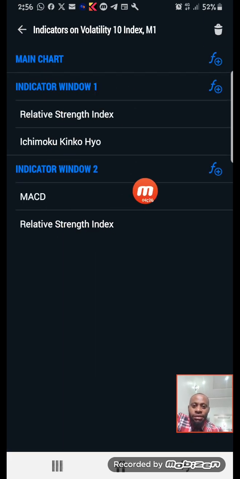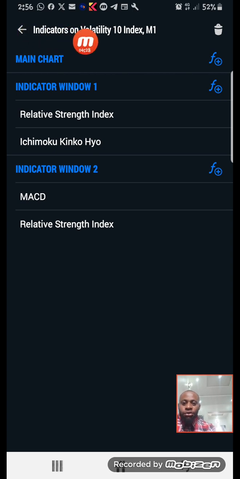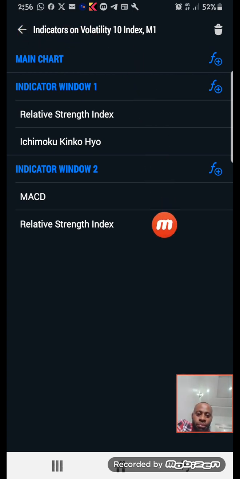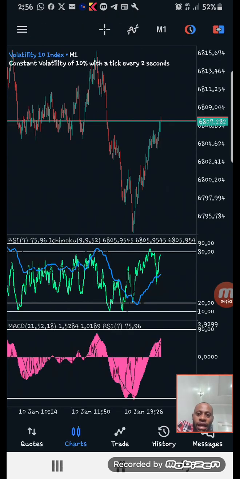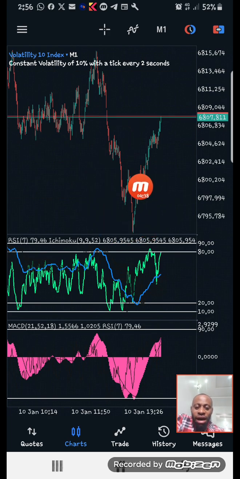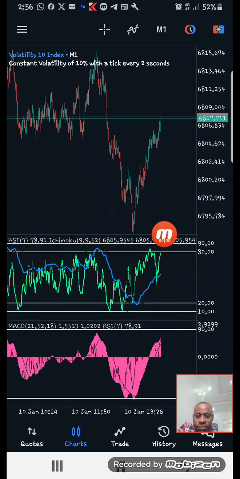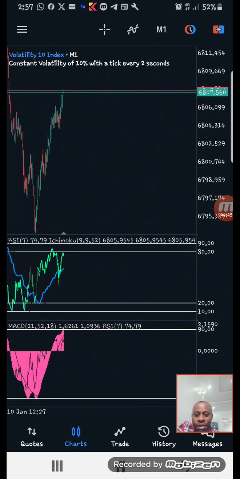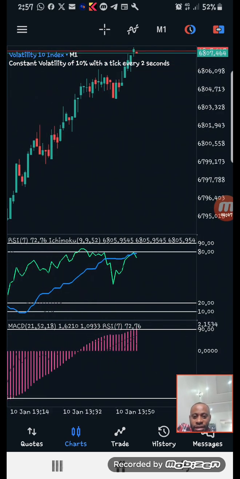After everything, once it's like this, you click this back arrow, and then your screen should be like this. This is the final zoom out of it. If I want to zoom in and make it bigger, I can expand it.